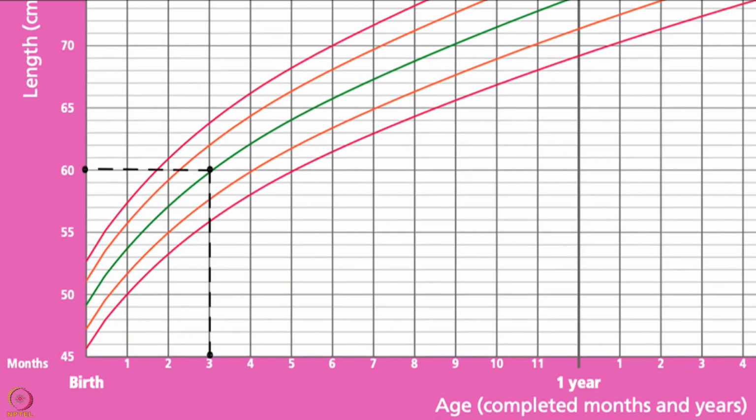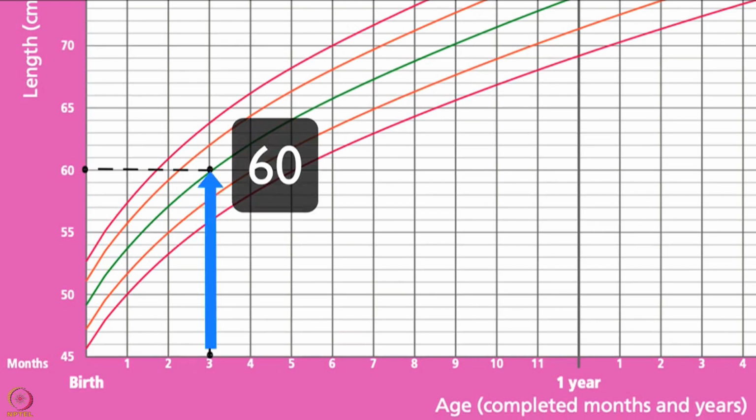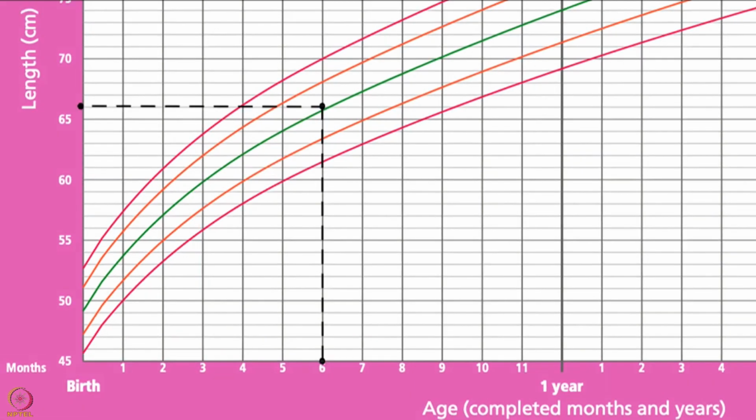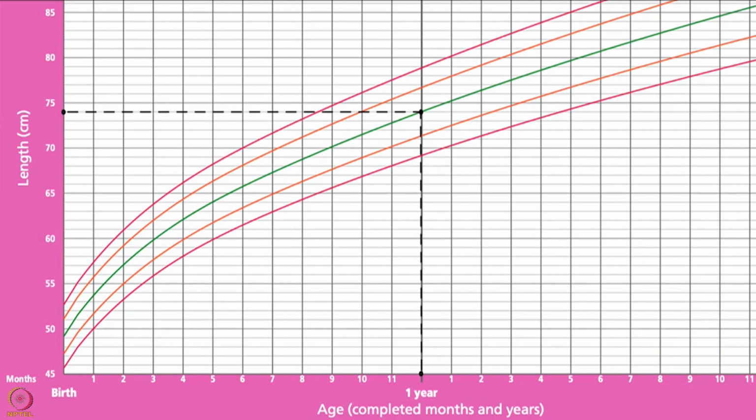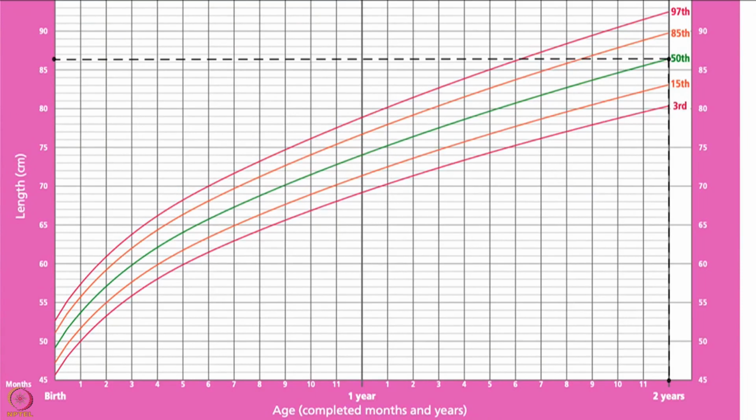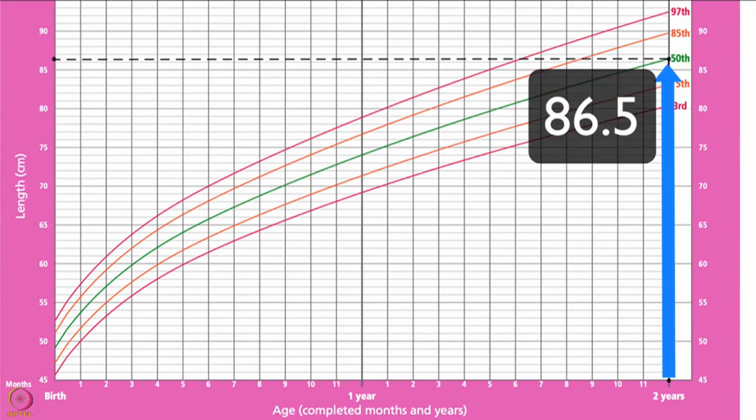At 3 months, it is 60 centimeters. At 6 months, it is 66 centimeters. At 1 year, it is 74 centimeters. At 2 years, the average length of a girl is 86.5 centimeters.